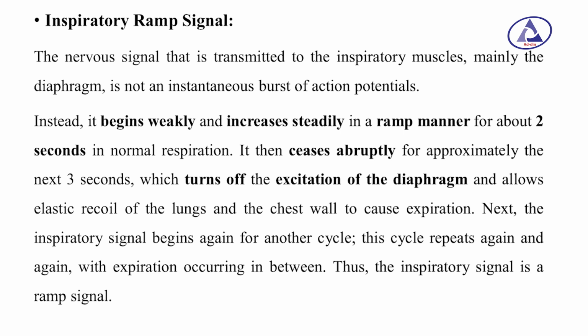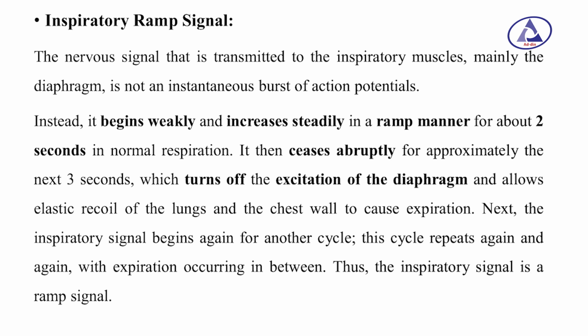Now, how does it begin? It begins weakly, slowly, and increases steadily in a ramp manner for 2 seconds, in case of normal respiration. Then after 2 seconds, it must be stopped.